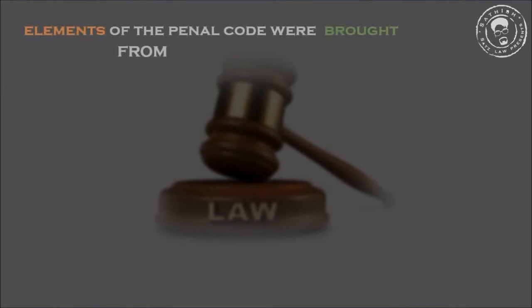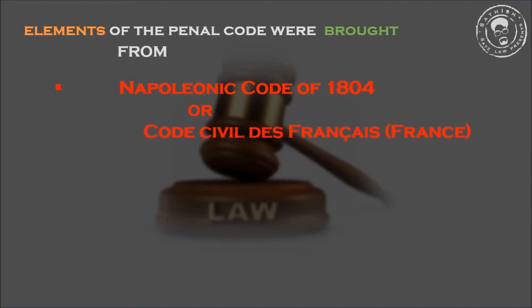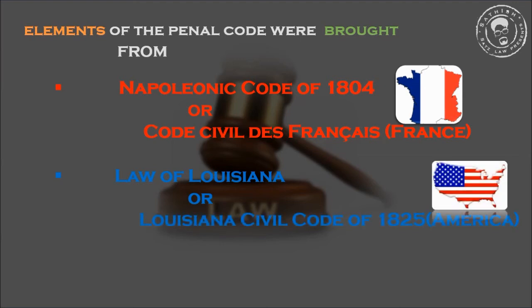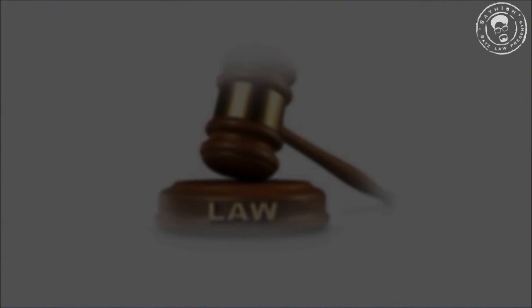Elements of the Indian Penal Code were brought from the Napoleonic Code of 1804, or Code Civil des Français, from France, and the Louisiana Civil Code of 1825 from America. During the drafting of the Penal Code, Macaulay was inspired by the American Penal Code and French Penal Code, so he took some elements from them.